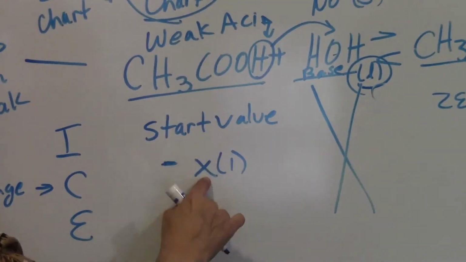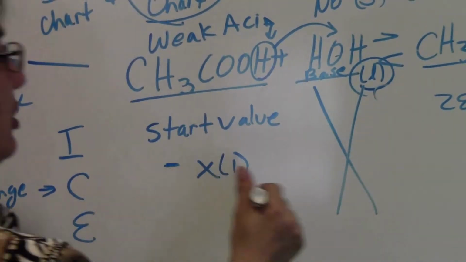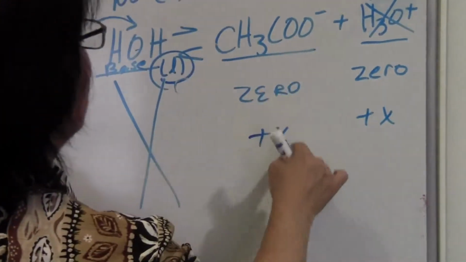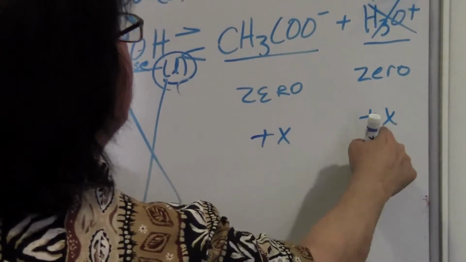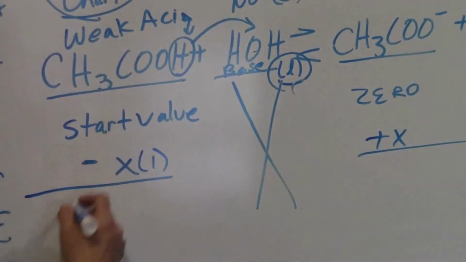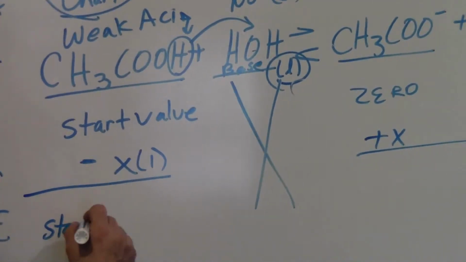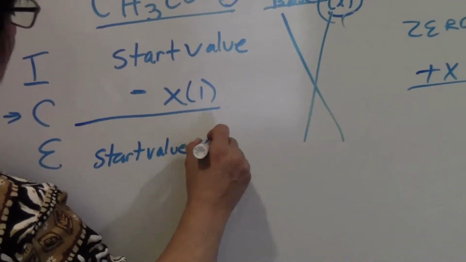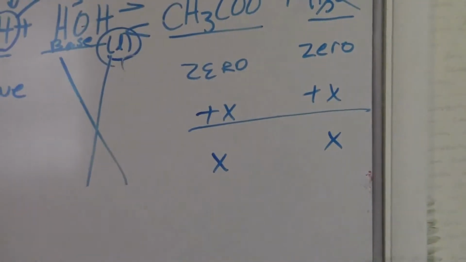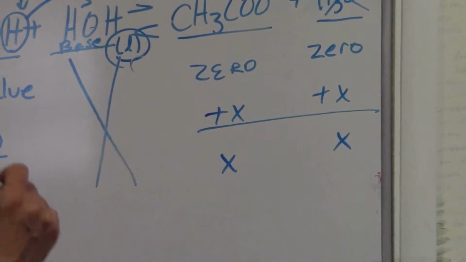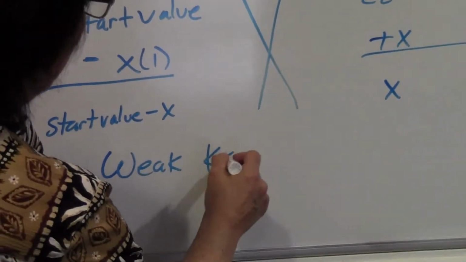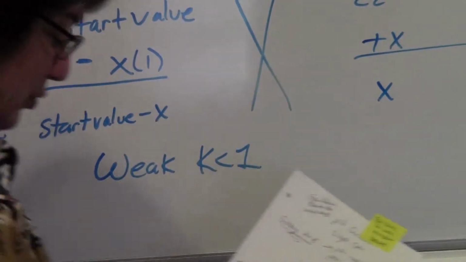So you always subtract the X from the start concentration, and you add the X's times the coefficients here. So at equilibrium, you're going to be left with the starting value minus X times the coefficient, and here we'll have our 2 X's. Again, since these compounds are weakly dissociating, our K is always going to be less than 1.